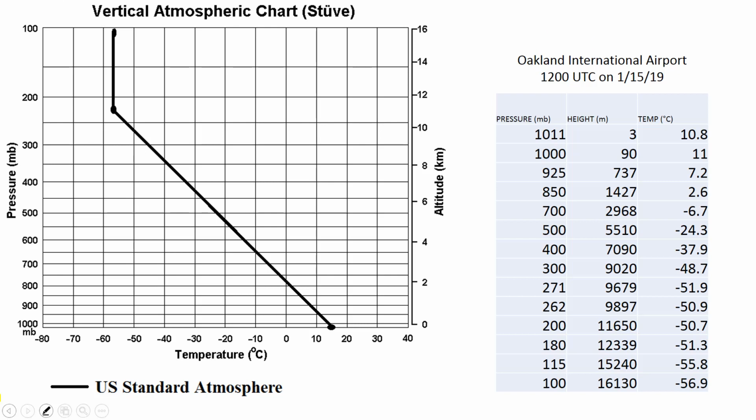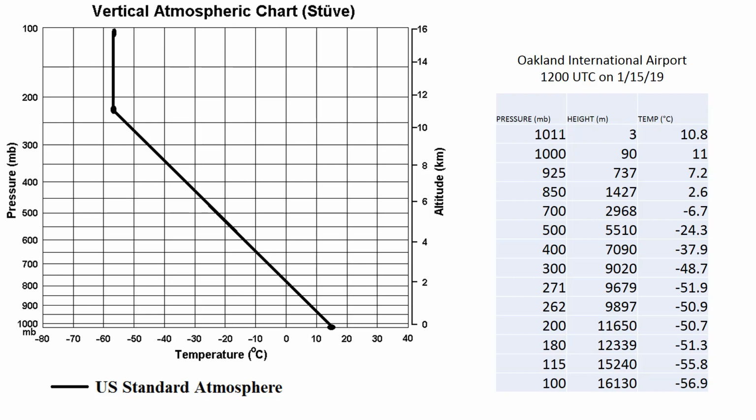Okay, with that said, let me switch over here. I'm going to use a different color now. I'll use red, and I'm going to use my pen. And basically all you do is you just plot points. But again, for the purpose of plotting the points right now, we're only going to look at pressure as our y-coordinate and temperature as our x-coordinate.